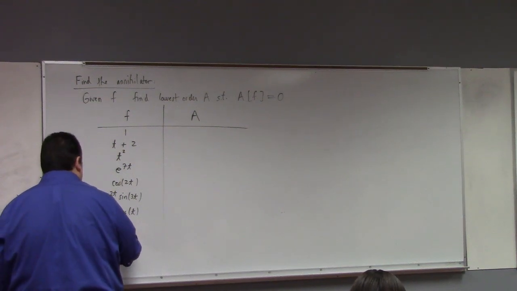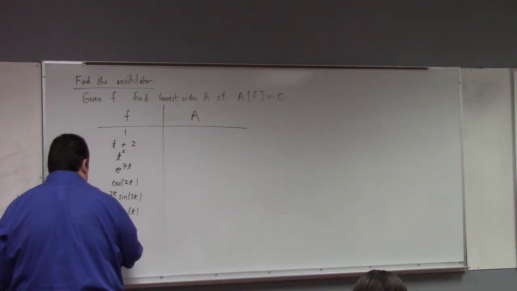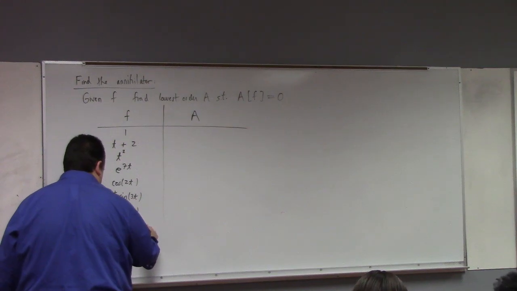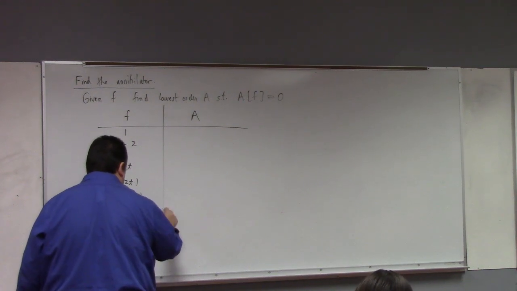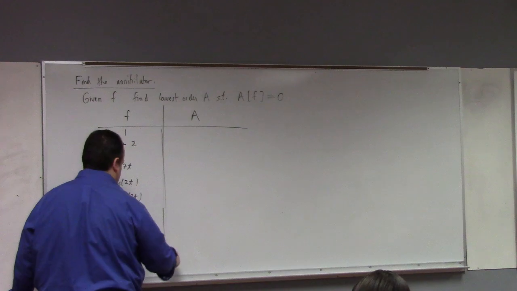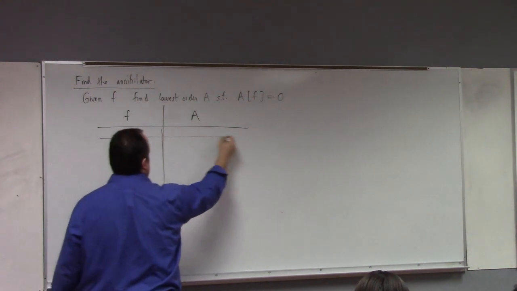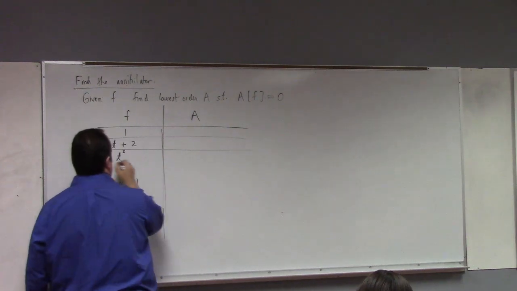Let's see here. t e to the 3t cosine of 6t plus t cubed. There, that's enough. I think if we understand these, we've done well. So you guys start me out.